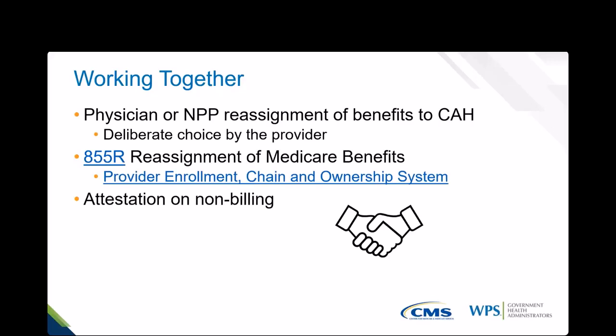For the professional services, this is going to be your evaluation and management services, so it very well could be. There's more billing details in that claims processing manual section that I referred to, and it talks about the very specific revenue codes that you'd be using. If it did fall into the category for those professional services, then it very well could, if that provider had reassigned their benefits to that critical access hospital. I hope that helps.